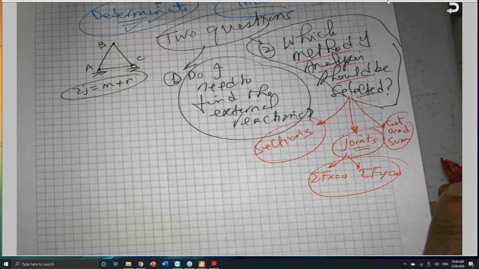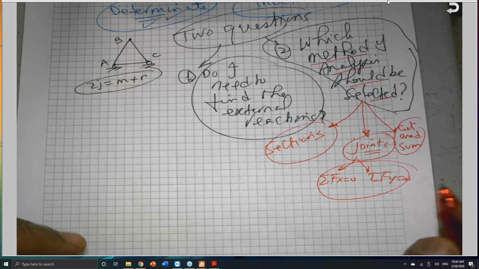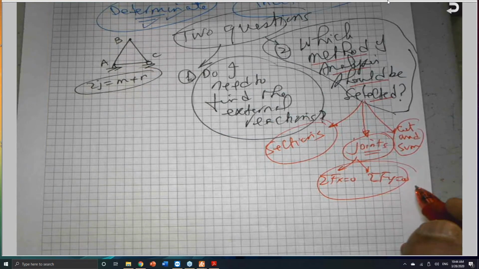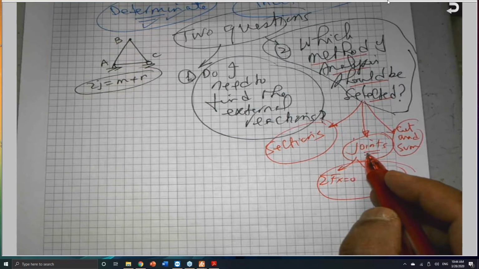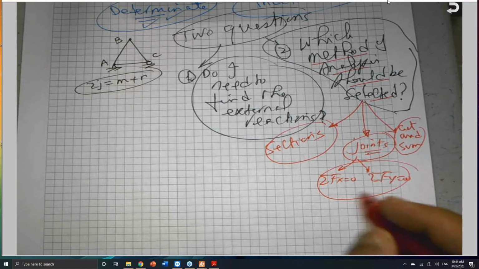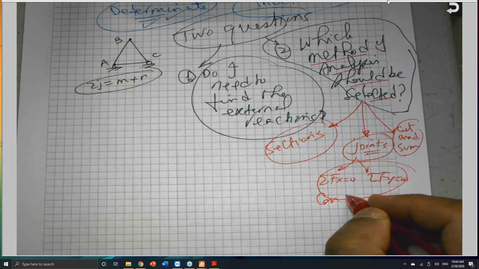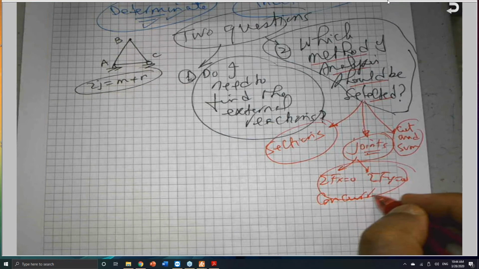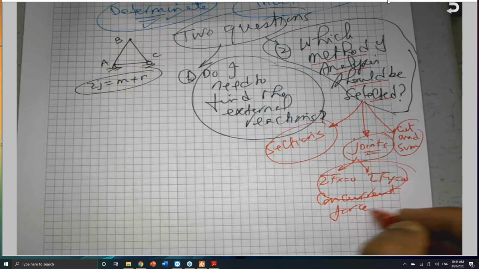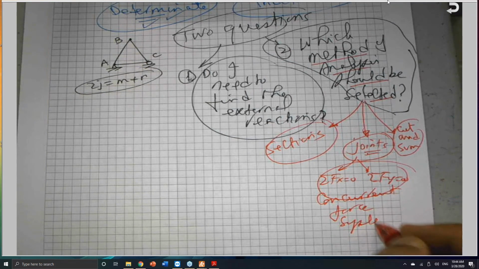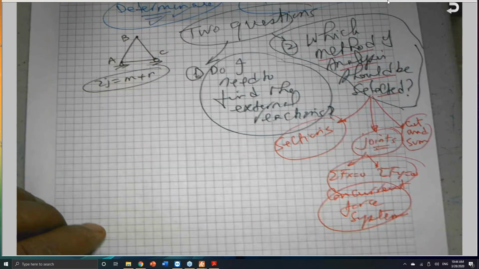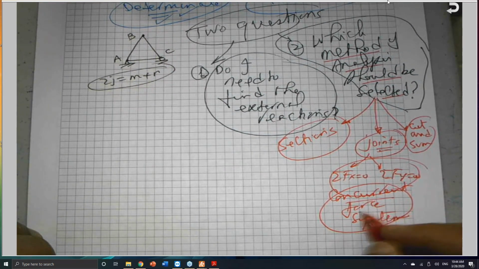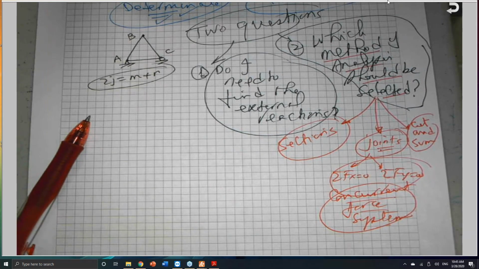The three available equations for equilibrium are sigma force x, sigma force y, and sigma moment. But the moment equation is not available here because this is a concurrent force system. In a concurrent force system, the moment equation has no value because all the forces meet at a common point.